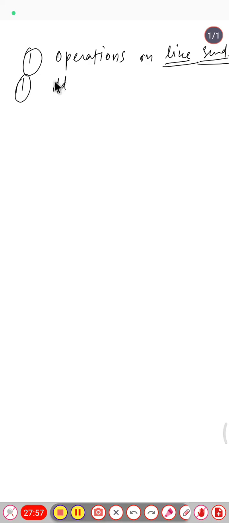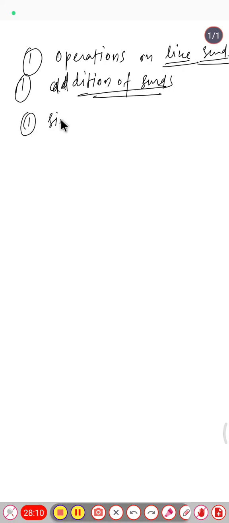Addition of surds. So question number 1 is: simplify the given expression, 7 root 3 plus 29 root 3.